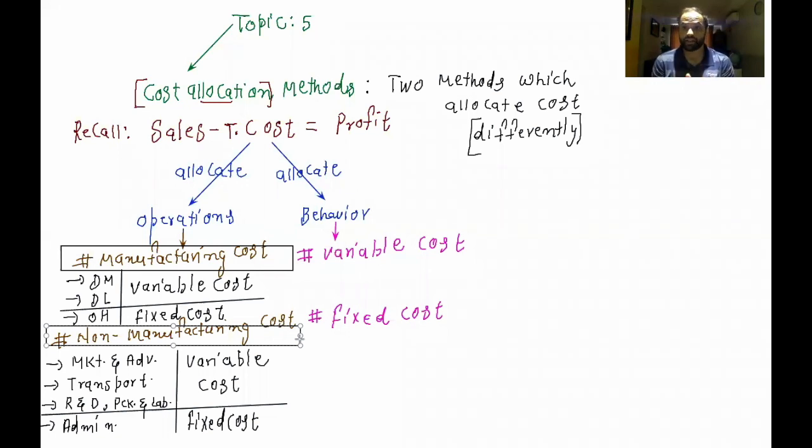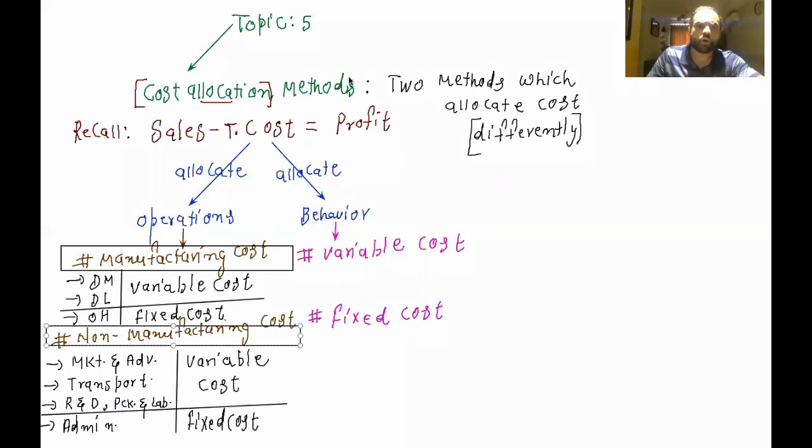By operations, the cost of this product is divided into two parts, manufacturing and non-manufacturing. And under manufacturing, we have variable and fixed. And under non-manufacturing, we have variable and fixed. But overall, this pen has two types of cost, manufacturing and non-manufacturing. That's the idea of by operations.